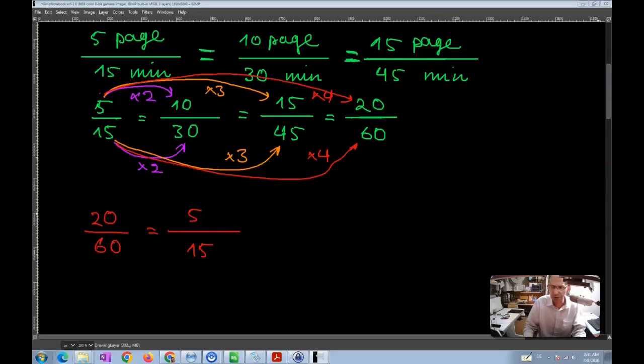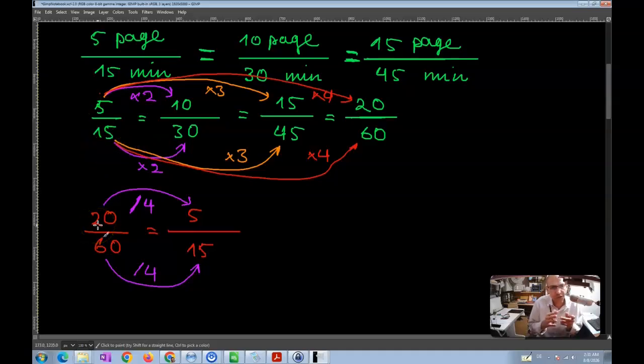If I take the 20 and divide by 4, I get a 5, and if I take 60 and divide by 4, I get a 15. Again, if I take the 15 and divide by 3, I get a 5, and 45 divided by 3 gives me 15, right?